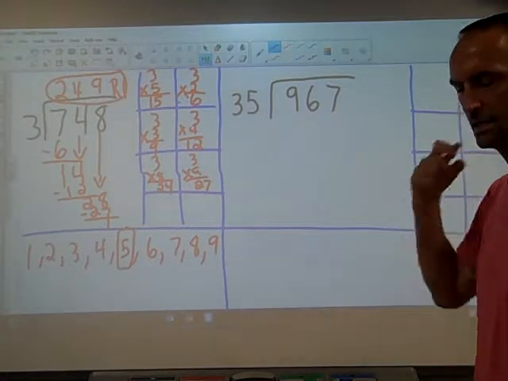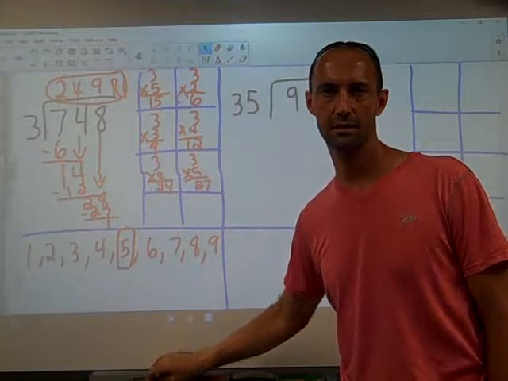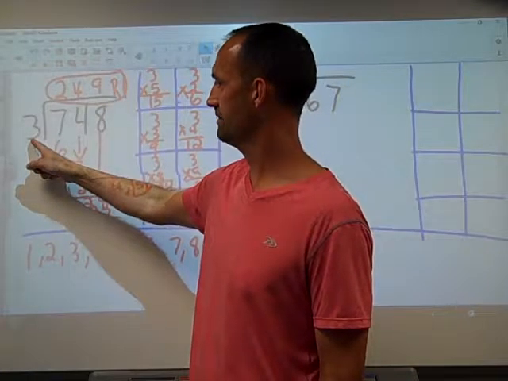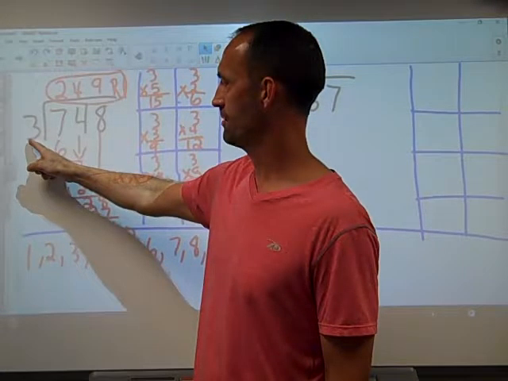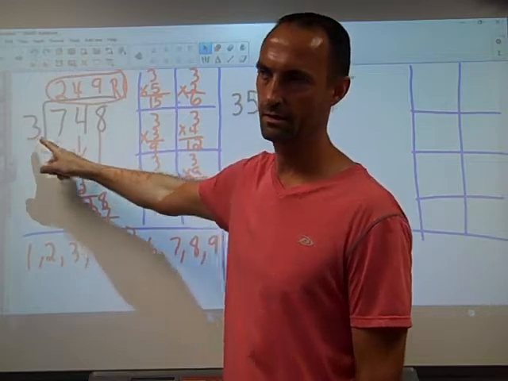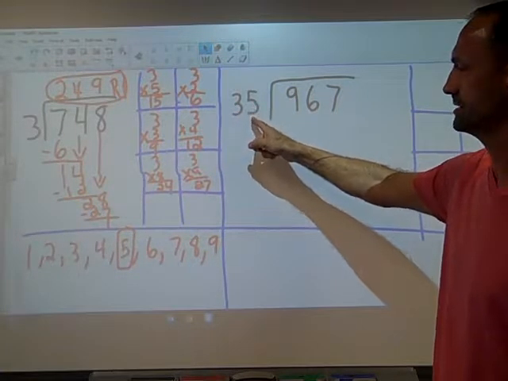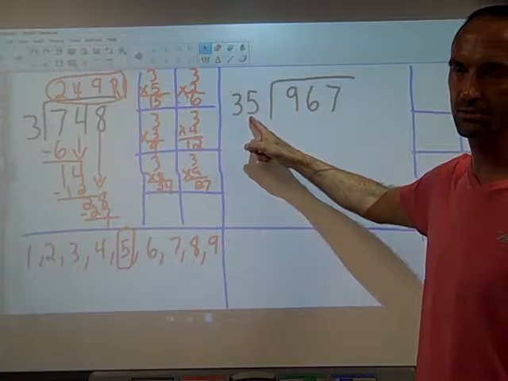Okay, now this typically gets a little more difficult for students. Here, students could have their facts memorized with a single digit on the outside, but not so much on this problem when we have a 2-digit divisor.